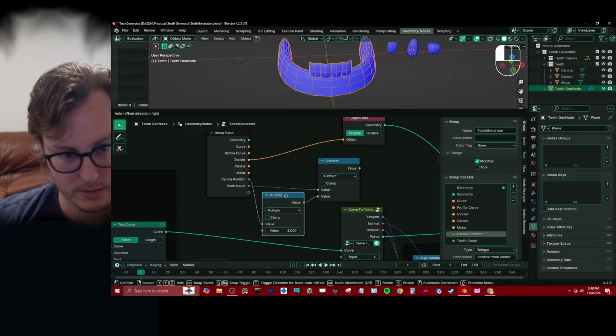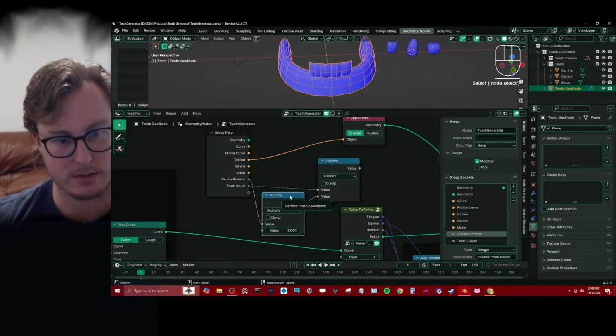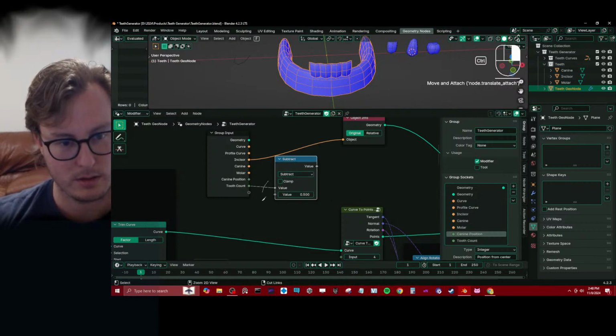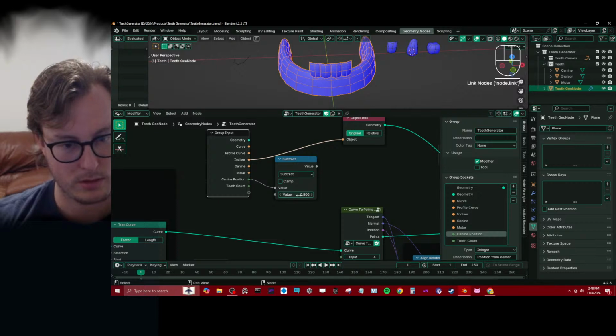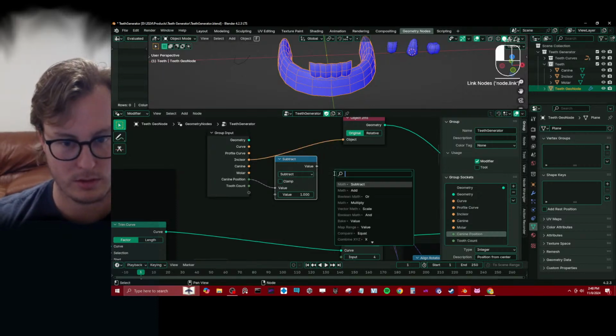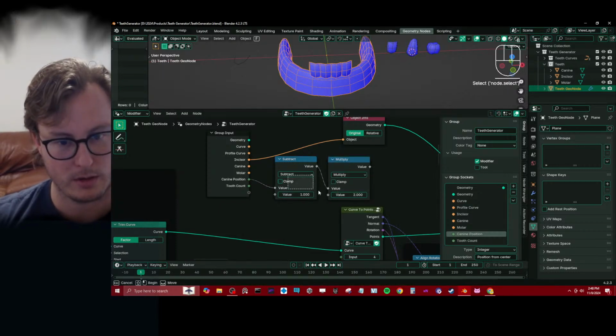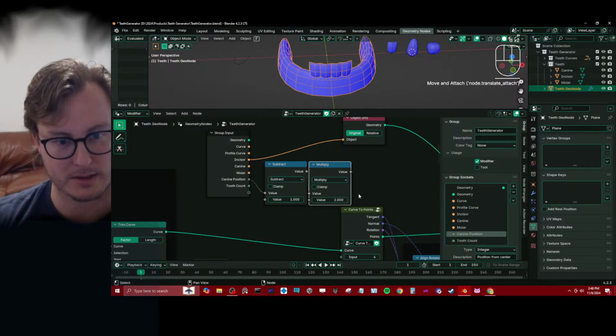Where am I going with this? Oh wait, I can do this a lot simpler. It should just be canine position minus 1 times 2. Okay, that's how many incisors we have.